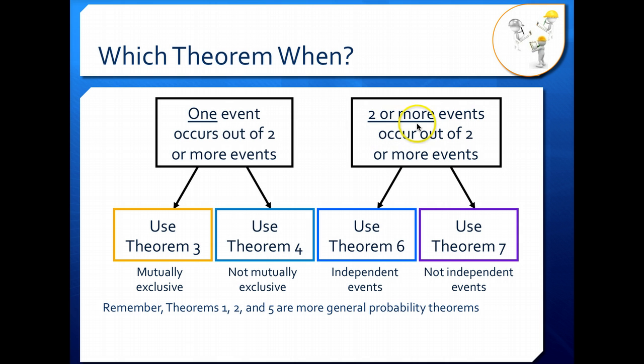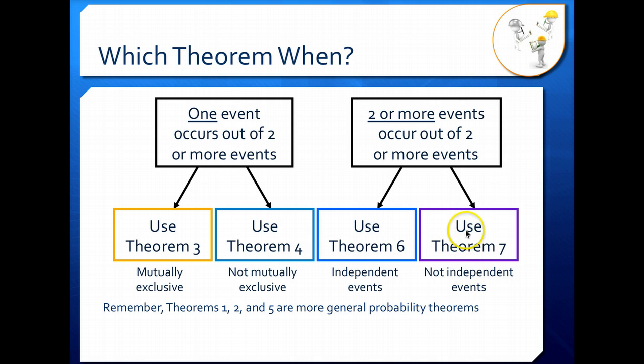If you've got two or more events occurring, then you use Theorem 6 if your events are independent. So the probability of one event happening is not affected by another event occurring before it.